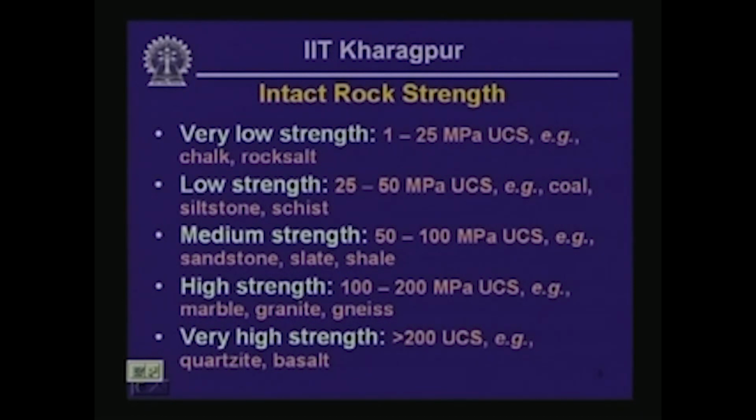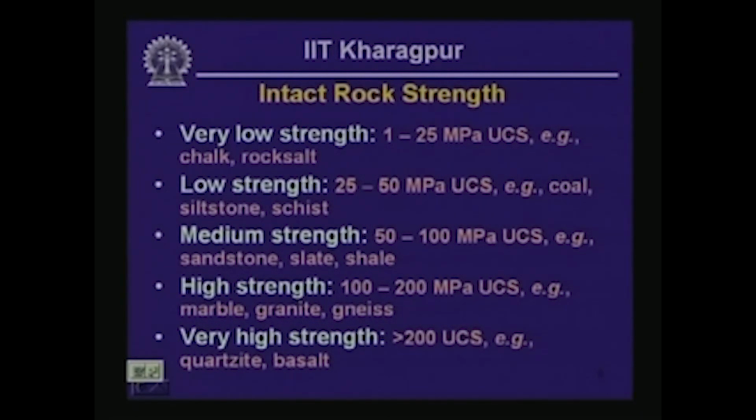Medium strength rock has an unconfined compressive strength of between 50 and 100 MPa for an intact specimen. Examples are sandstone, slate and shale. You could have high strength rock if the unconfined compressive strength is between 100 and 200 MPa. Examples are marble, granite and gneiss.